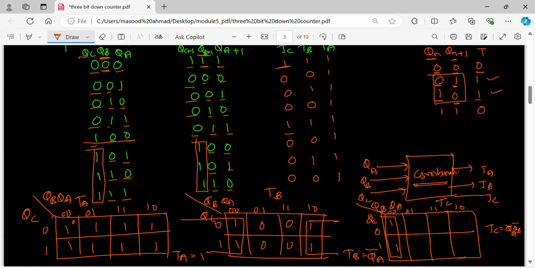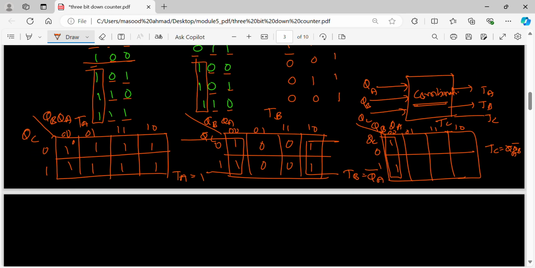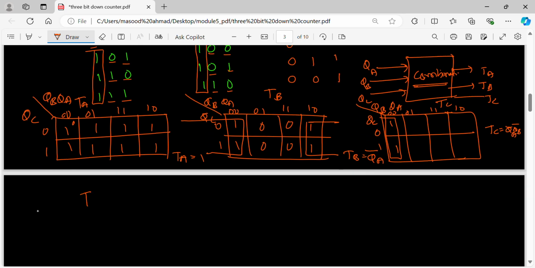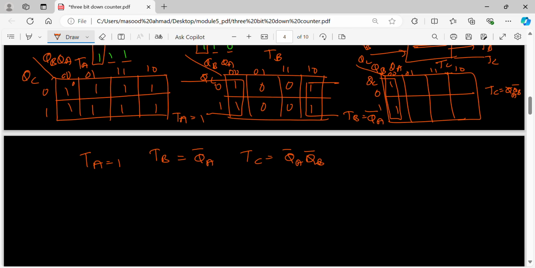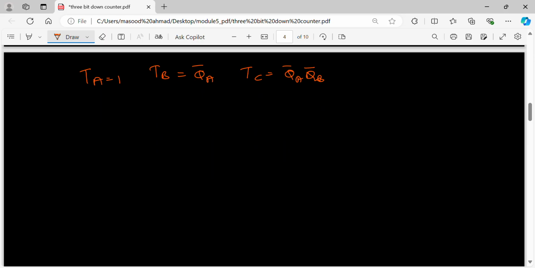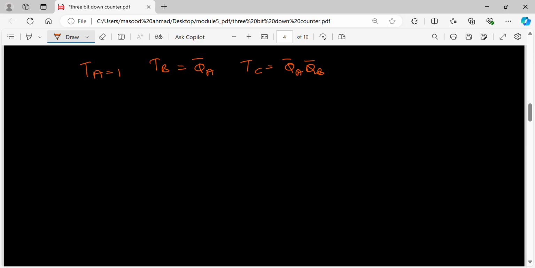On the whole, the expression for TA is 1, the expression for TB is QA bar, and the expression for TC is QA bar and QB bar. With this, we can draw the circuit diagram. It will look like this.